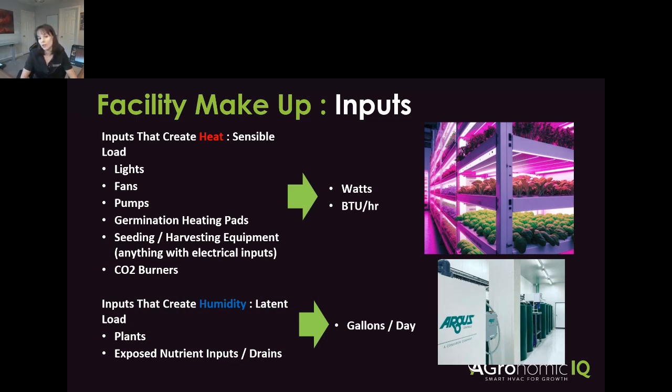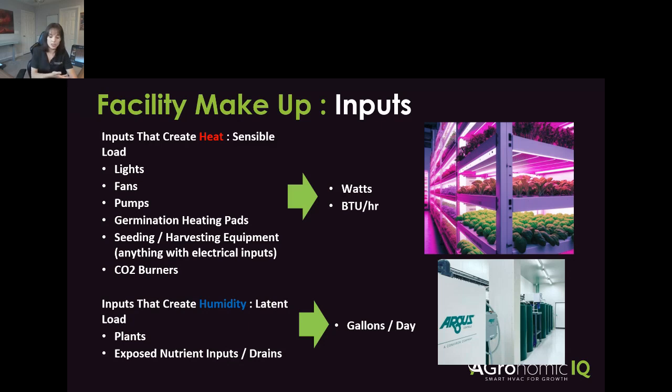Or if you're working with a racking provider, I always highly recommend having the discussions of, hey, what data do you guys have when this rack is fully populated with this cultivar? In one day, how much nutrient replenishment is necessary throughout the grow cycle?